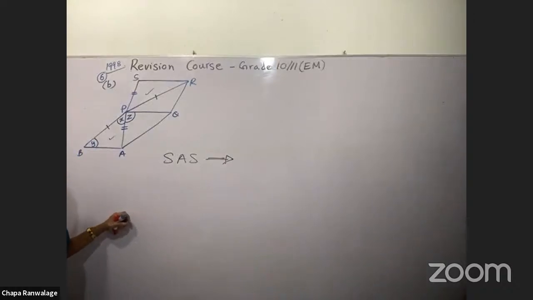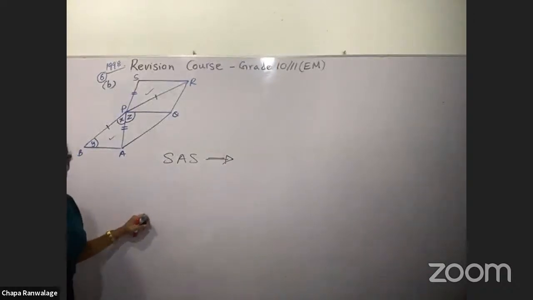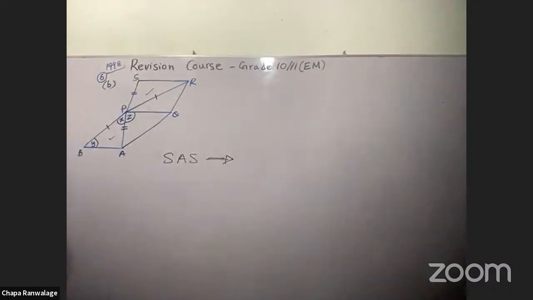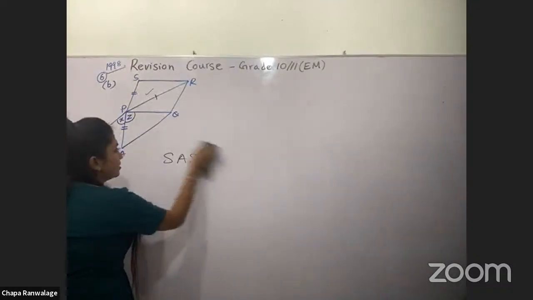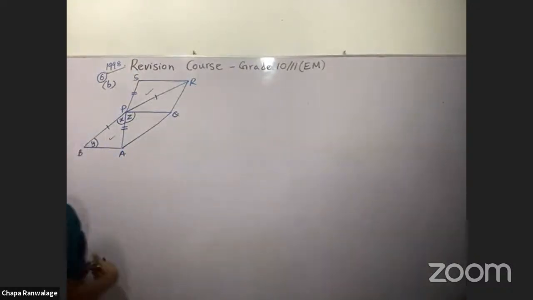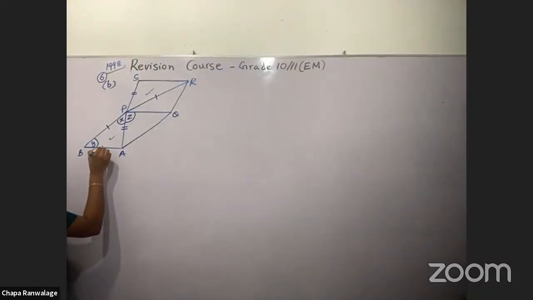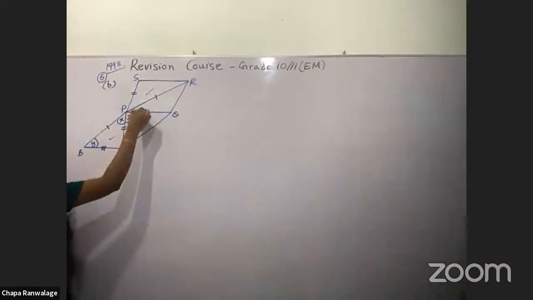PBA. So how should we go? We can go by SSS. There are no angles yet. Here, look at the board. This one is equal to this one.